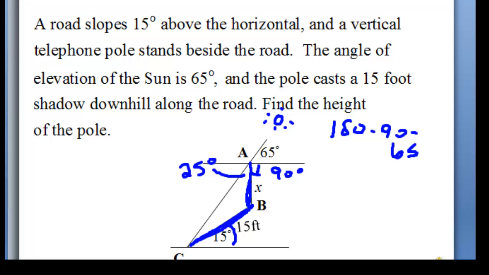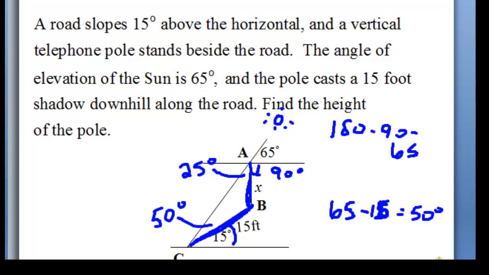ACB would be the 65-degree angle of the sun minus the 15-degree angle of the road. So 65 minus 15 is 50 degrees. So this here is 50 degrees.